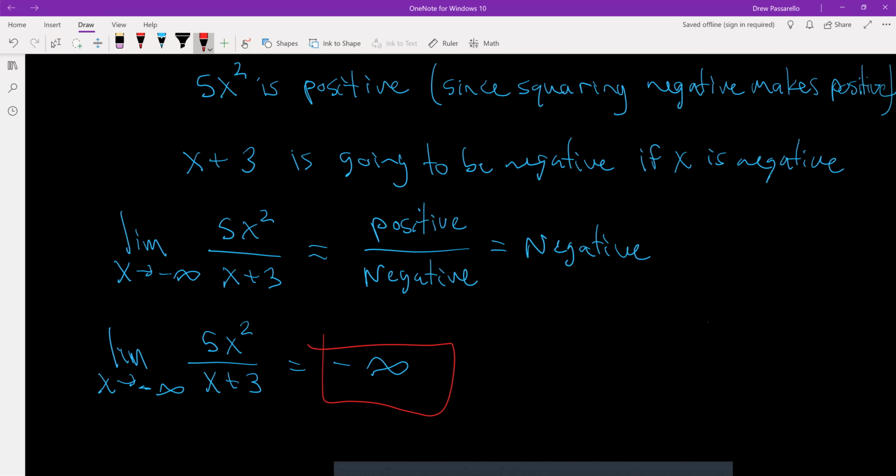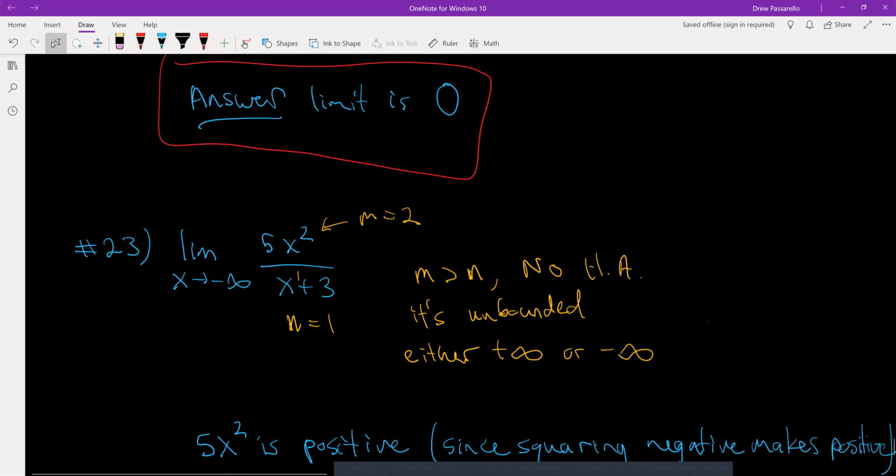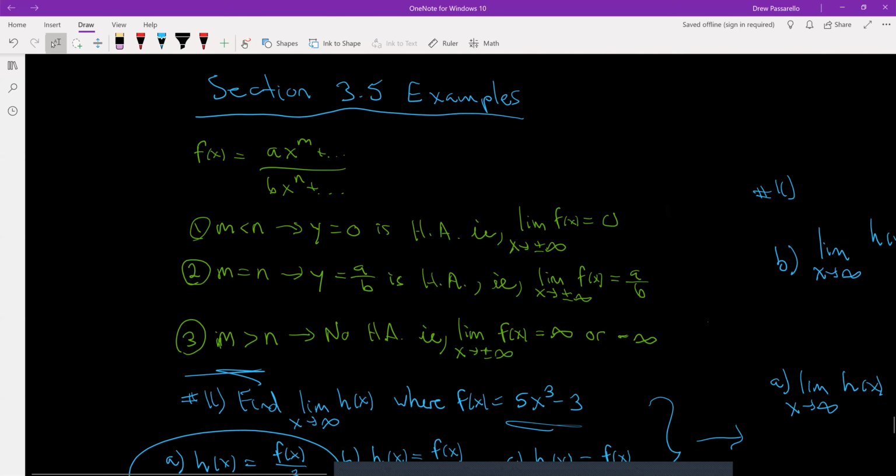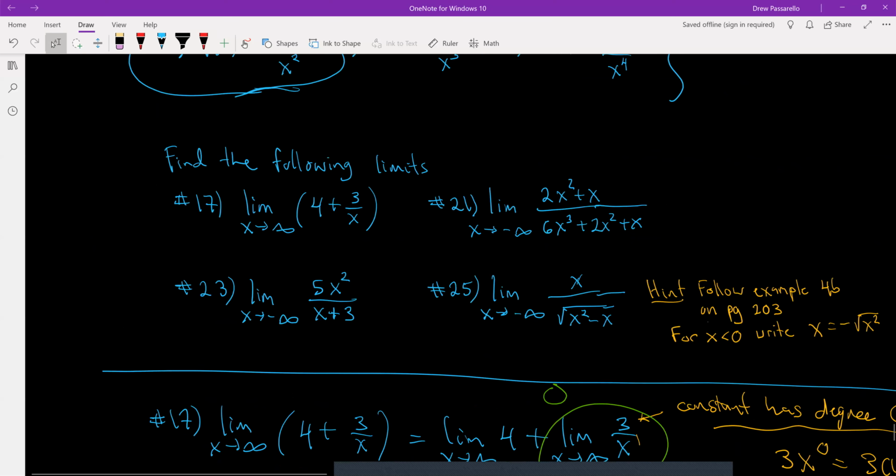Again, we looked at the numerator has a degree of 2. The degree on the bottom is 1, so the degree on the numerator is more than the degree in the denominator, which means it falls into category 3 in our guidelines. There's no horizontal asymptote, so it's unbounded. So it's either going to go to positive infinity or negative infinity.